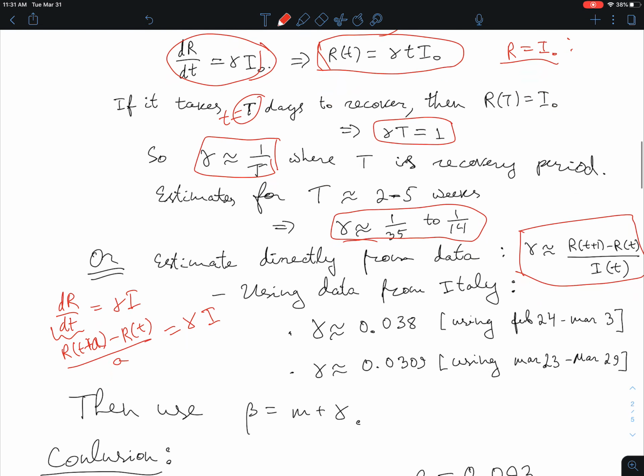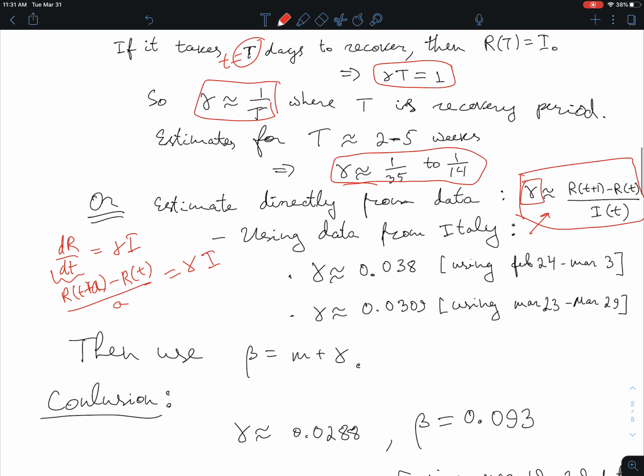Now, of course, in theory this should be nearly constant, but in the real world it varies for many different reasons. First of all, the number of tests performed, various quarantine measures, all of this changes the value of gamma.